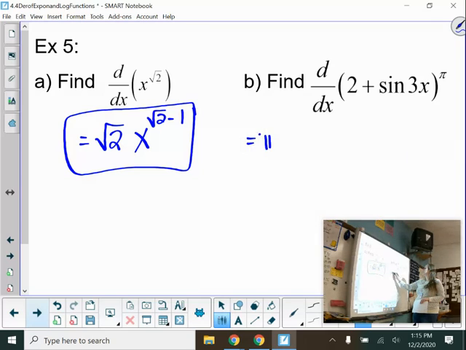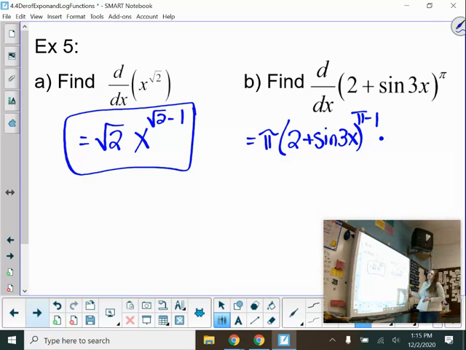So this is going to be pi times 2 plus sine of 3x to the pi minus 1 power, and then I'm multiplying by the derivative of the inside. Well, the derivative of the inside is going to be 0 plus cosine of 3x, and then I have to multiply by the inside of the inside, so the derivative of the 3x would be times 3.